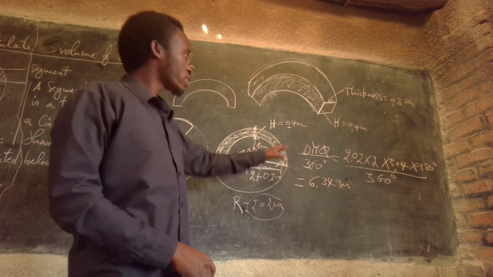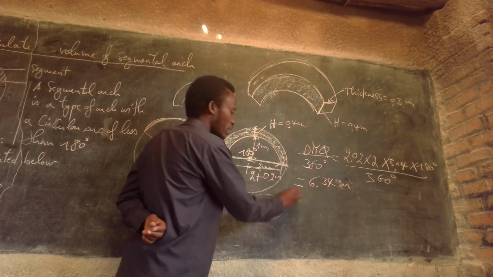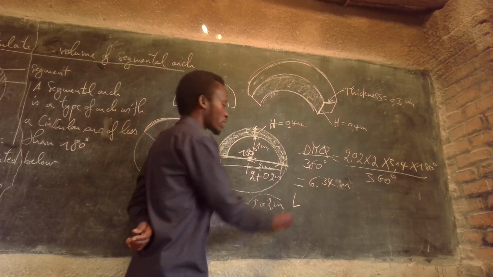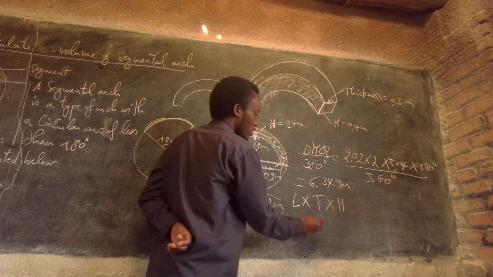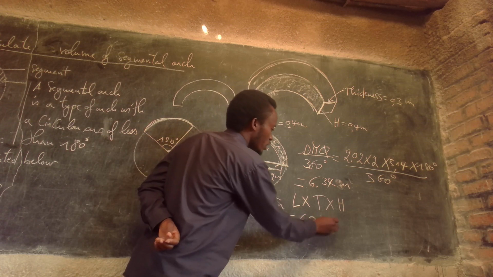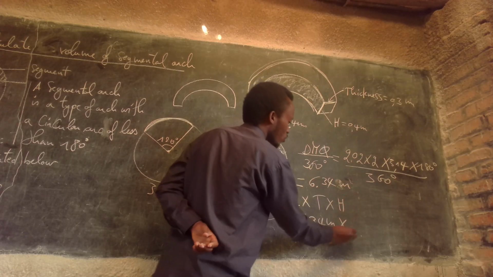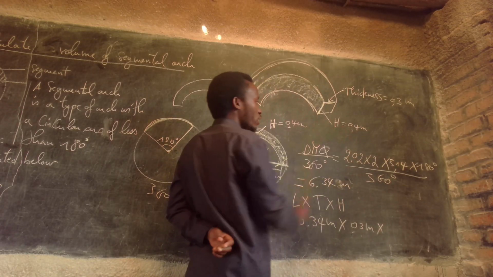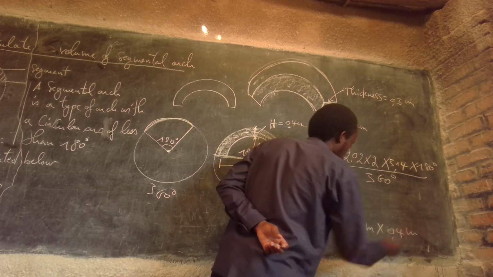In order to calculate the total volume of this arch, we have to take the center line length times the thickness times the height, which is equal to 6.9 meters times the thickness of our arch, 0.3 meter, times the height of this arch, which is 0.4 meter.